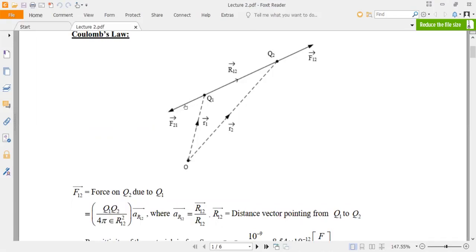That means it is along minus aR12 unit vector, because aR12 unit vector direction is this. So it is in the opposite direction, that's why it is minus aR12, or I would say it is in the opposite direction of the distance vector.